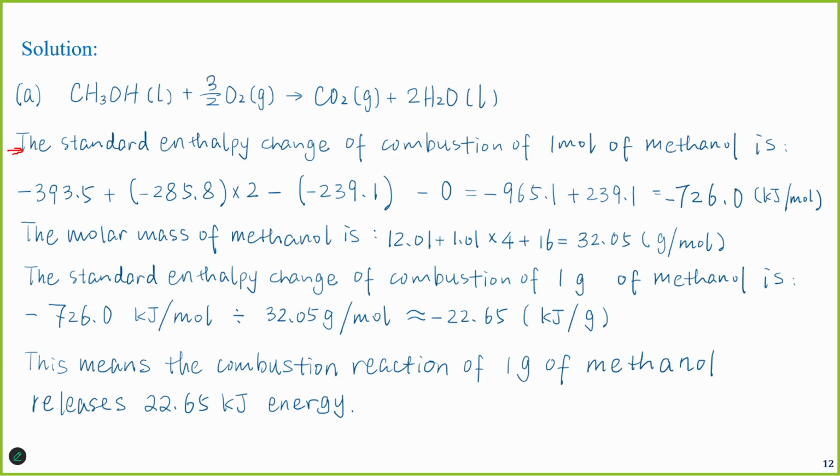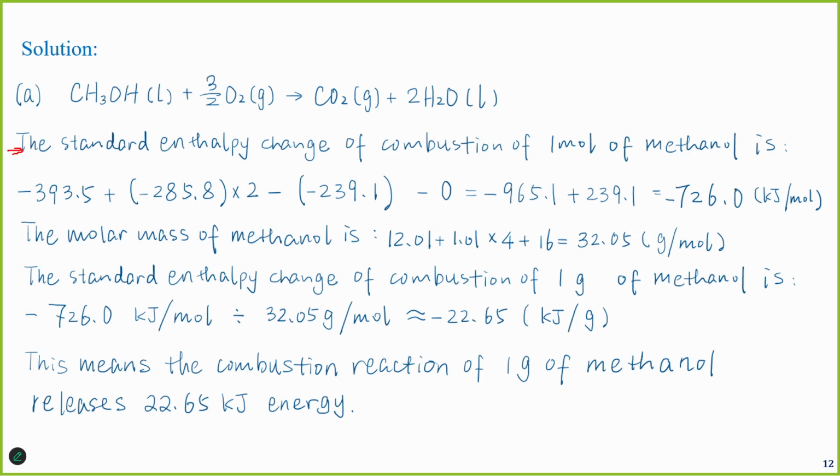Then the standard enthalpy change of combustion of 1 gram of methanol is given by this number, negative 726 kilojoules per mole divided by 32.05 grams per mole, which is negative 22.65 kilojoules per gram. This means the combustion reaction of 1 gram of methanol releases 22.65 kilojoules of energy, right?